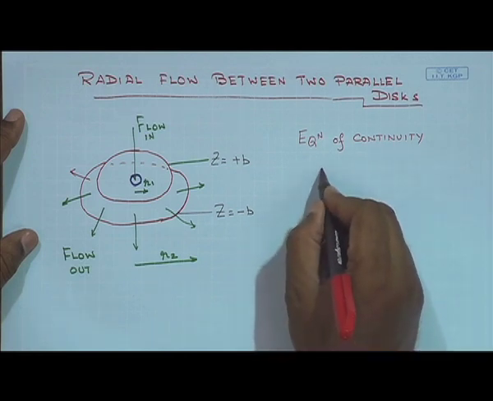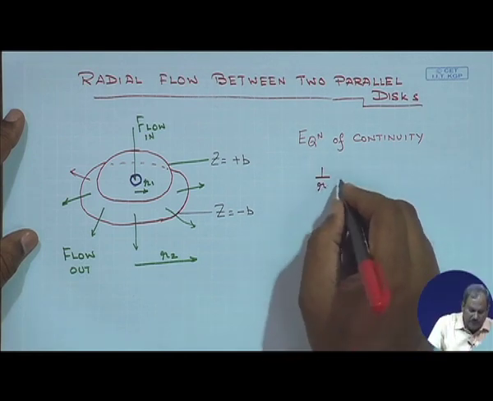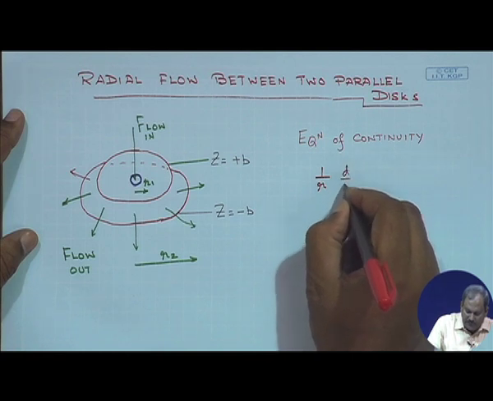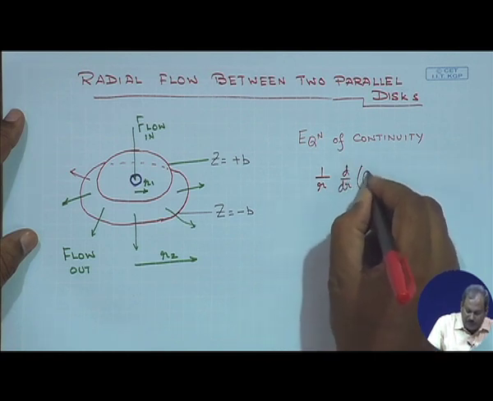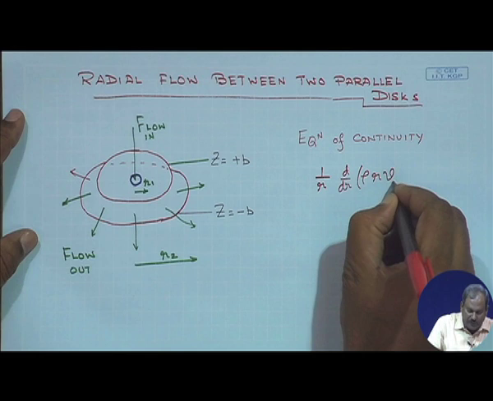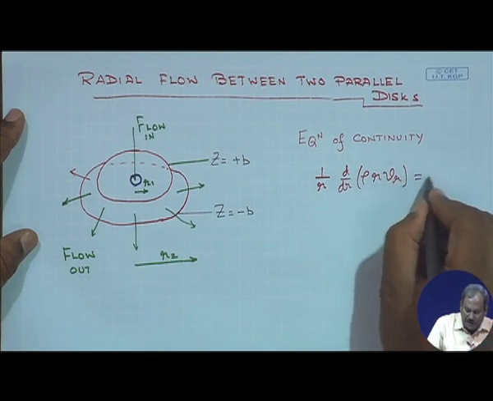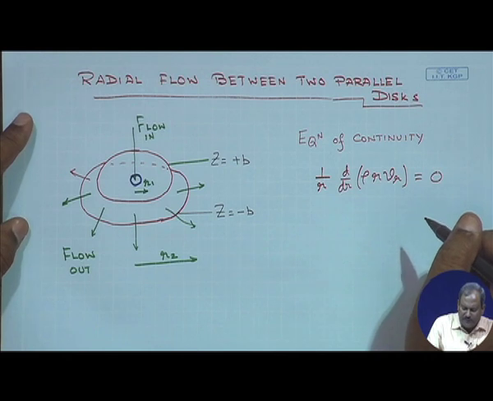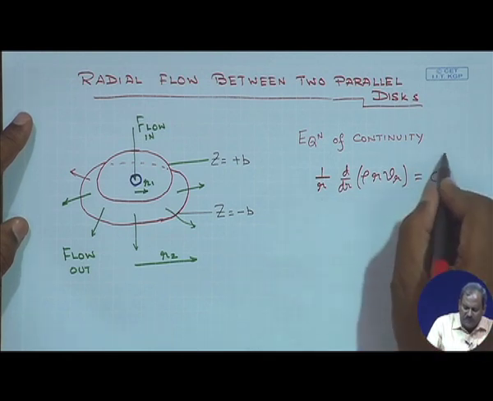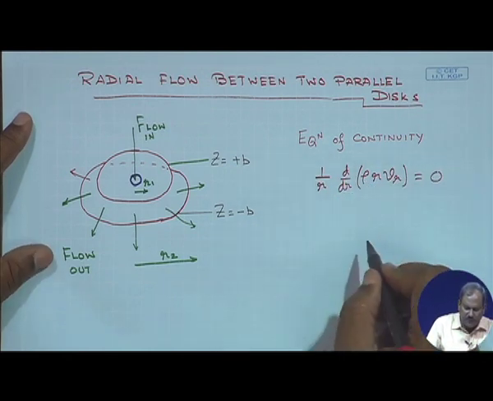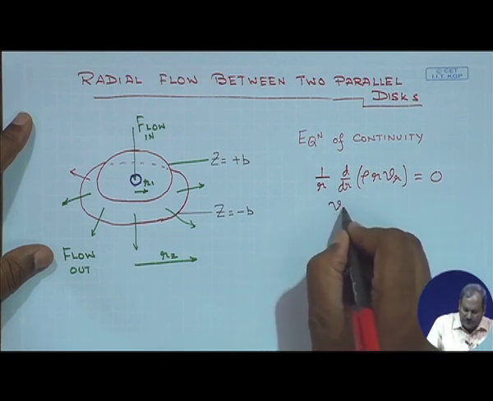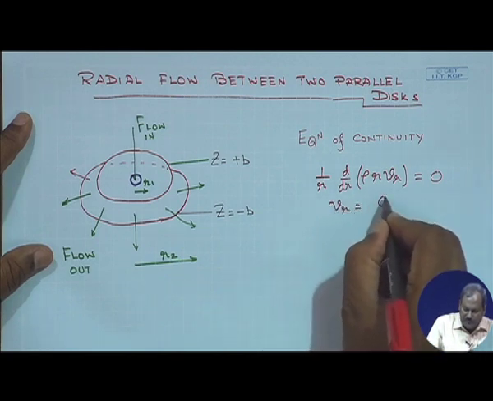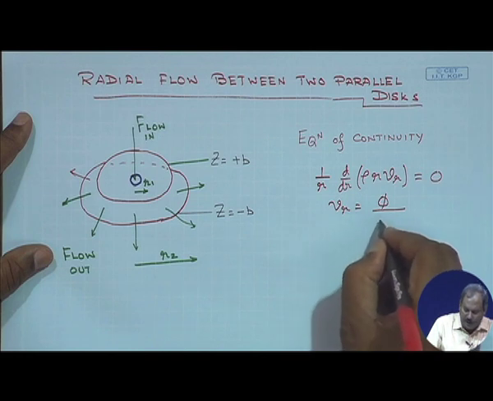The r component of the equation of continuity in cylindrical coordinates would simply be d/dr of (ρ r Vr), where Vr is the r component of velocity. Since Vθ and Vz are 0, this is the only non-zero term in the equation, and therefore Vr would be some φ by r.